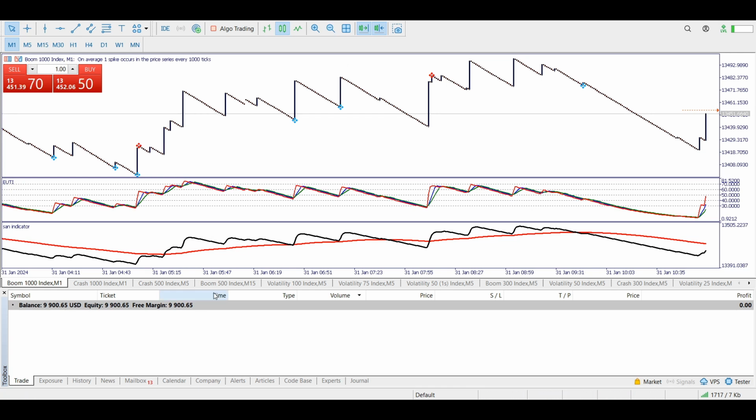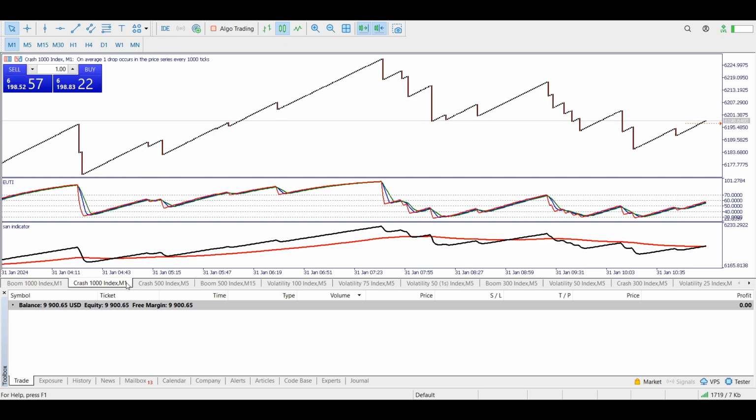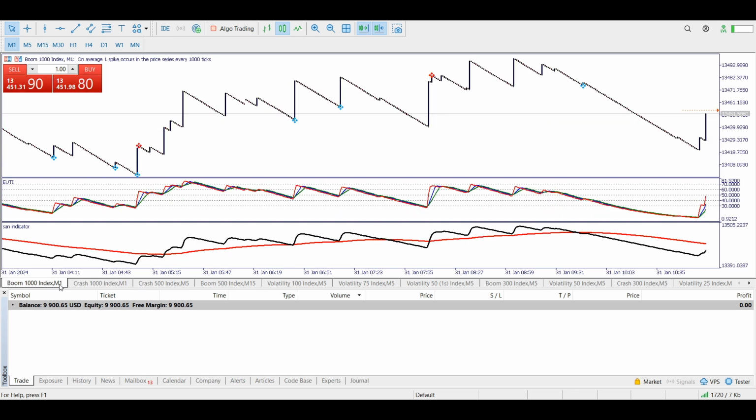If you look at how I've always taught you, for you to take a trade you need that blue diamond right there. Is there the blue diamond? As the blue diamond is there and it is the last diamond, it means that it is in buy.